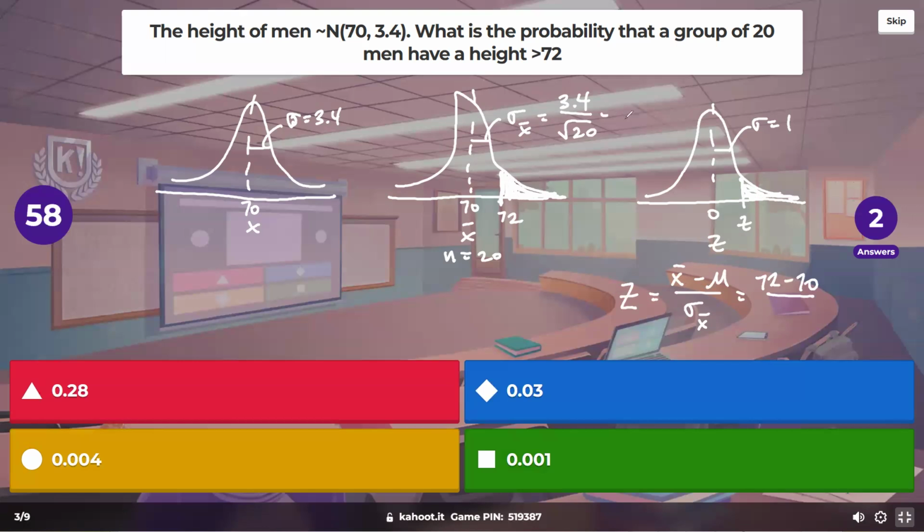Do we have our standard error yet? 0 point something. Oh, sure, 0.03. Okay, and so that goes down here.